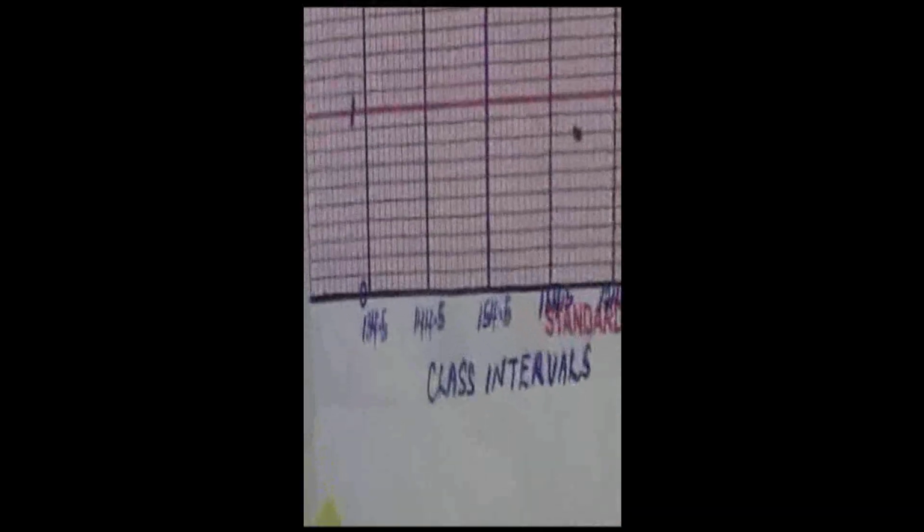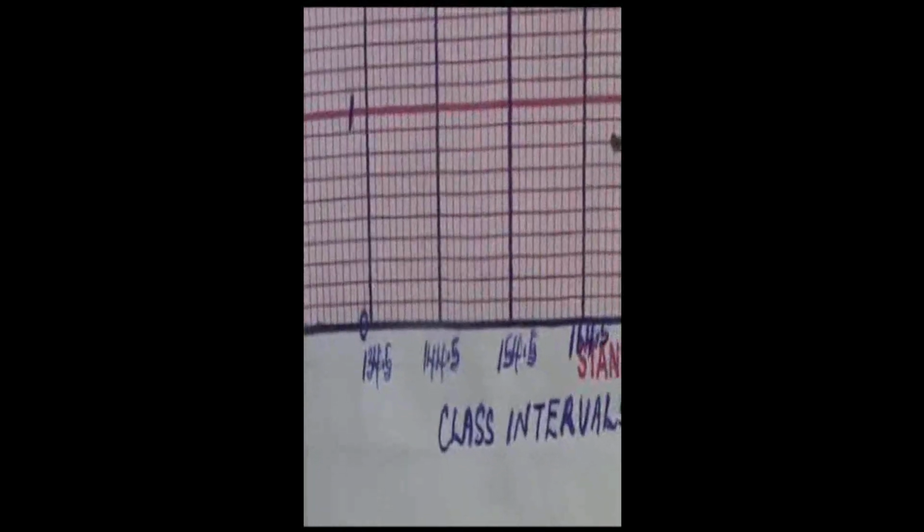So just subtract 0.5. So you now have 134.5 to 144.5. Remember, the upper side of the class interval there is 144. So when you reduce 0.5 from the lower class value, you gain it on the upper class value.